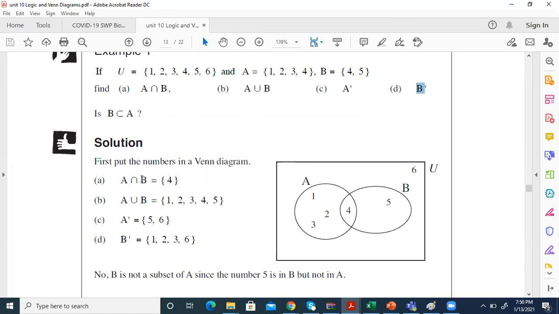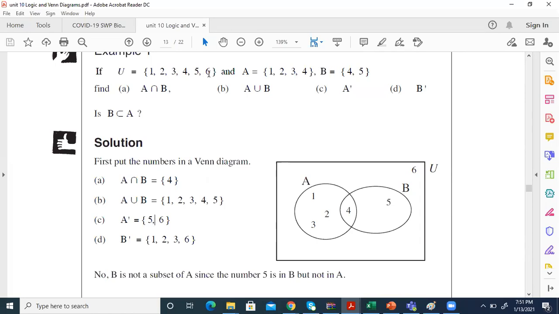So the intersection, A intersect B, we look at set A, set B, what is common? 4 is common, so that's the intersection. And the union is all of A and all of B together. A complement, we're looking at, all right, A contains 1, 2, 3, 4. So what is not in A, but is in the universal set?